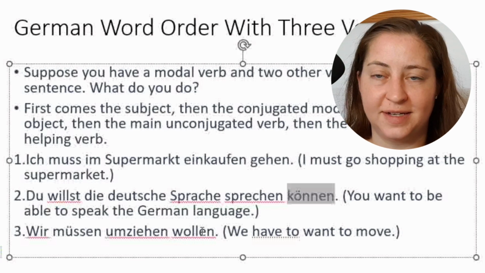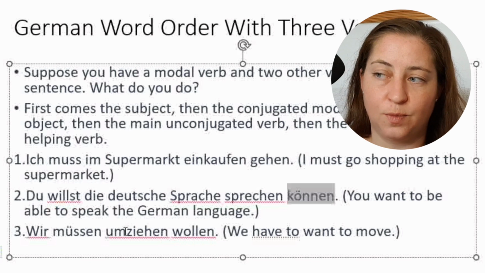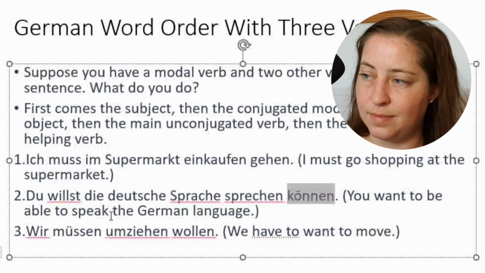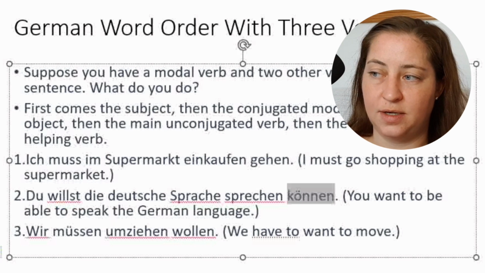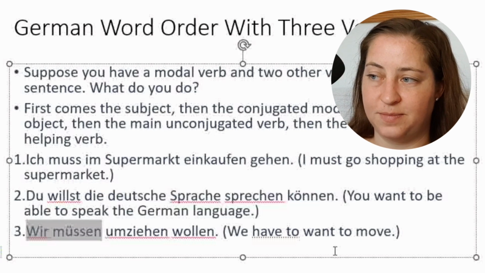Let's look at a final example. Wir müssen umziehen wollen. We must want to move. Wir müssen umziehen wollen. Here we have subject and conjugated verb.